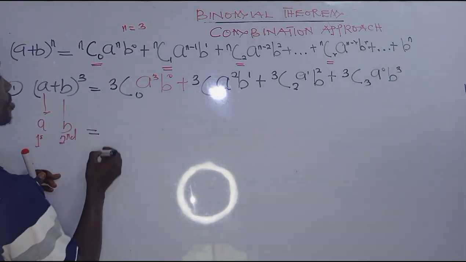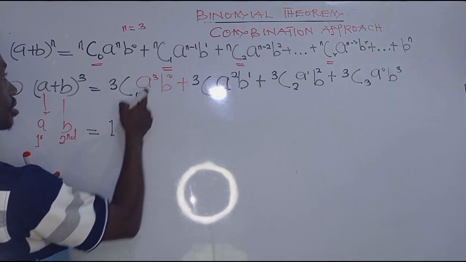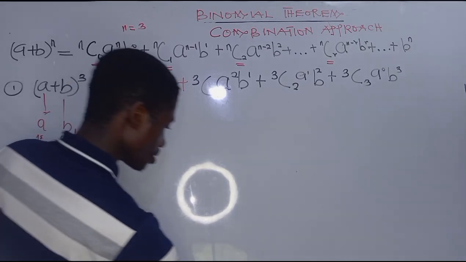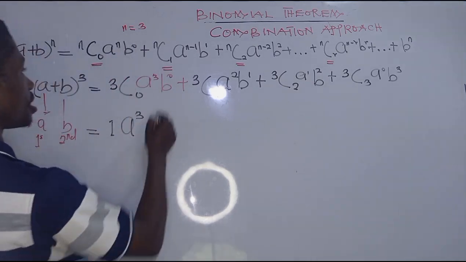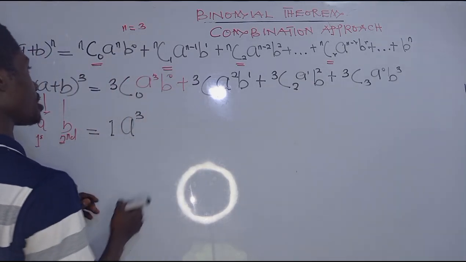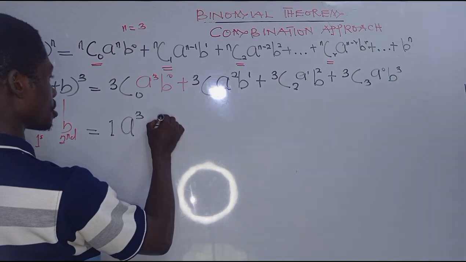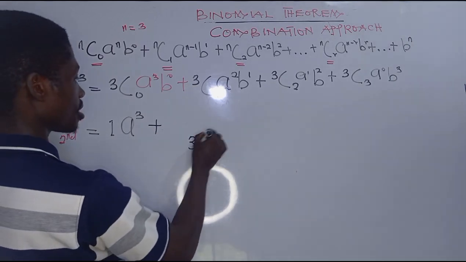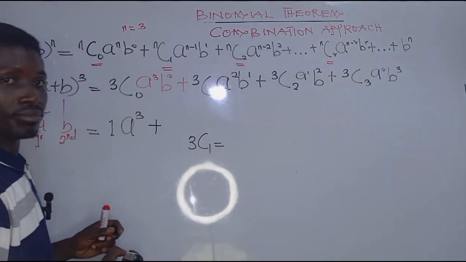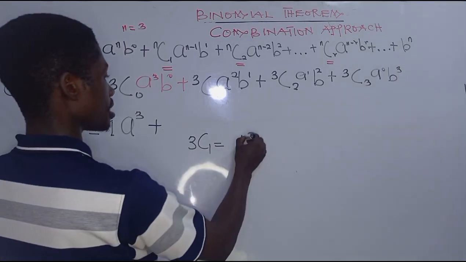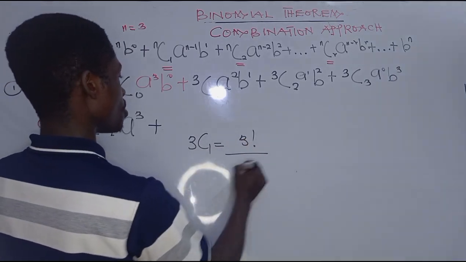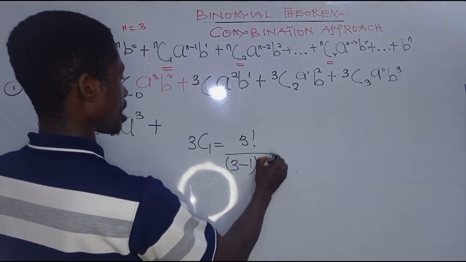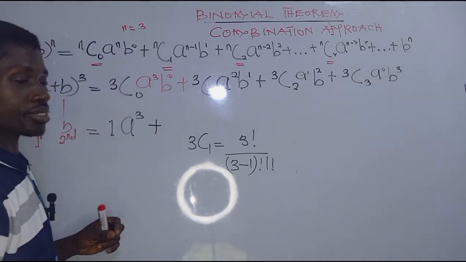So we have 1 A raised to the power 3. And then B power 0 gives us 1. So we are at 3 combination 1. We know that 3 combination 1 is equal to 3 factorial all over 3 minus 1 factorial, then we have 1 factorial.